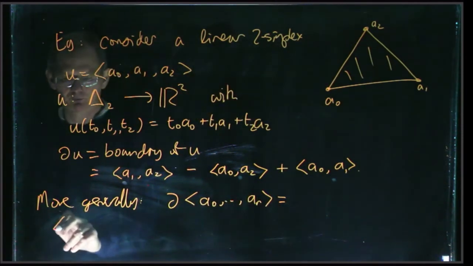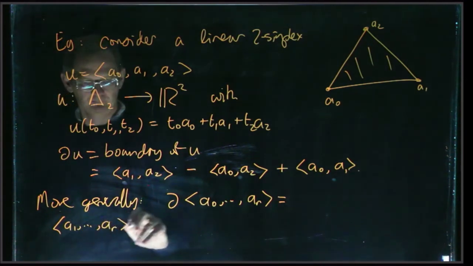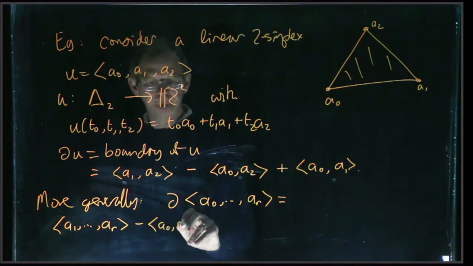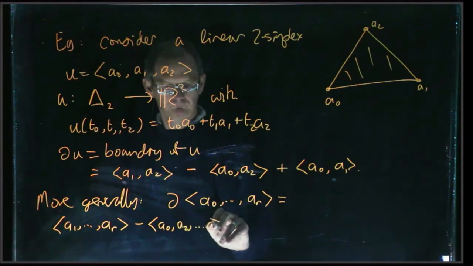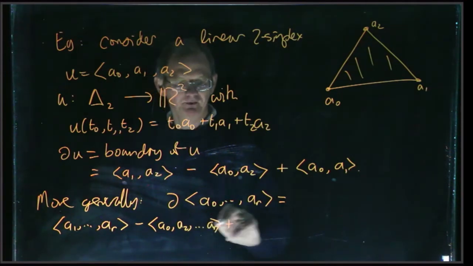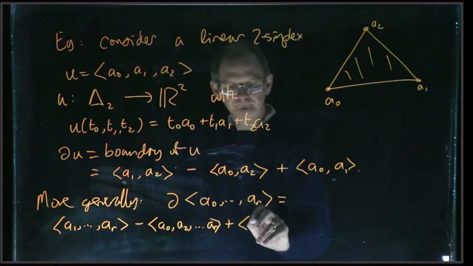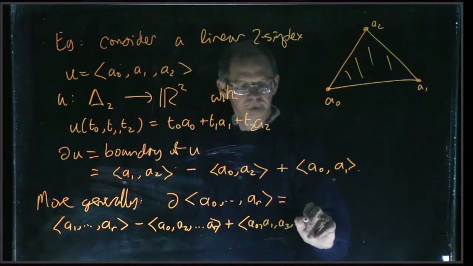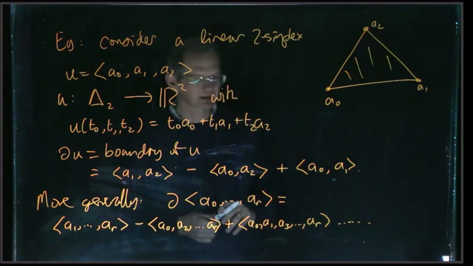So you do the thing leaving out A0, and minus the thing where you leave out A1, and then plus the thing where you leave out A2. So that's a general rule.